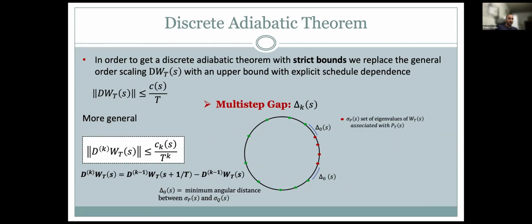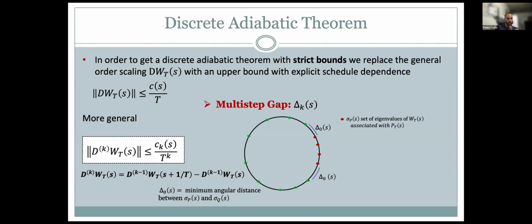And so, just quickly, how we solve this issue with the gap. We remove the order scalings; the results show strict bounds for the walk operator. Here we have dW, which means the difference of the walk operator, and you come up with these functions in terms of the parameter S of the evolution, and T is the total number of steps that you are using for the walk.